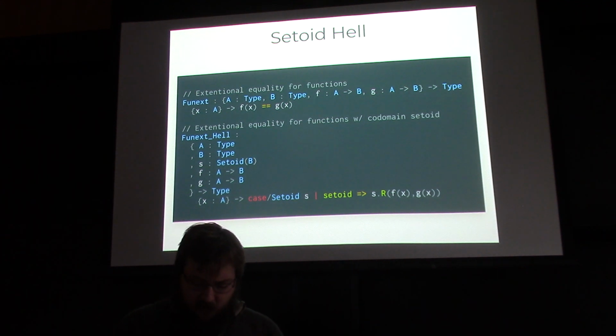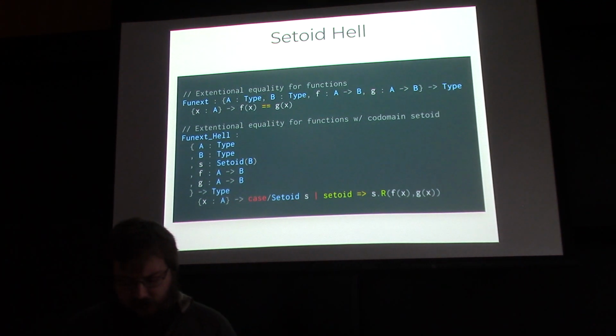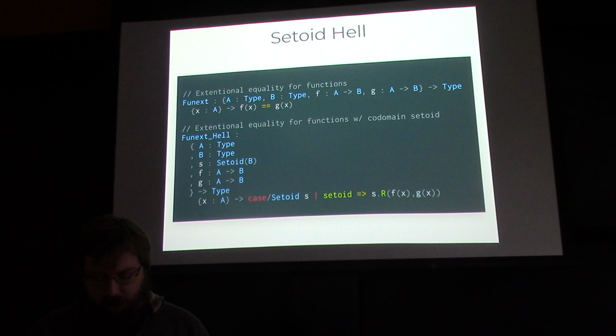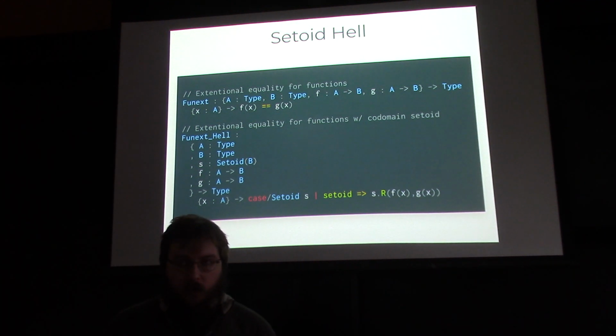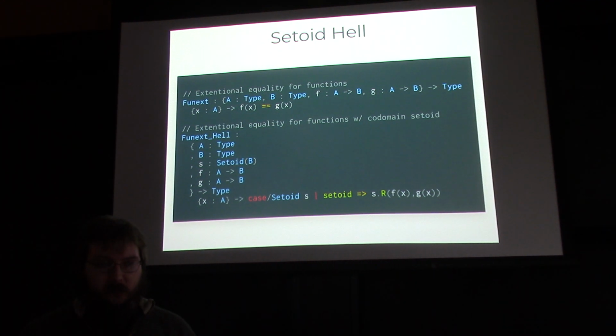This slide is illustrating setoid hell, which is basically when you try to implement all of the category abstractions with setoids, where you're packaging in a custom equivalence relation for each of your types. You run into the problem that if we have the axiom of extensionality for functions, what equality does the axiom of extensionality use?